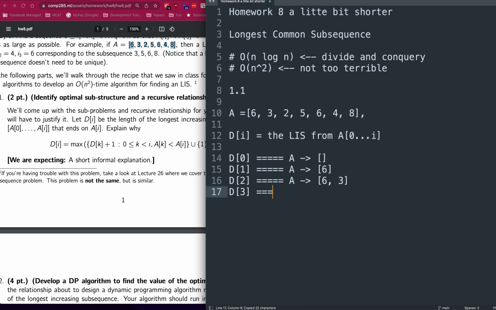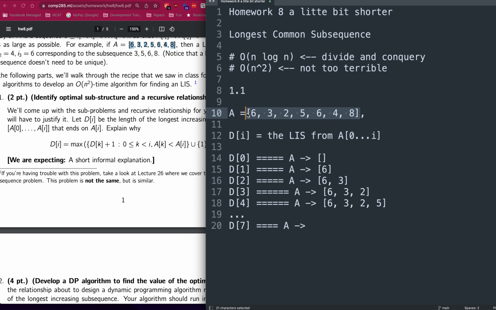D3 is going to tell you the longest increasing subsequence of 6, 3, 2. And then D4 is going to tell you the longest increasing subsequence of 6, 3, 2, 5, right? And so on, where you can imagine that eventually D7 is going to give you the longest increasing subsequence of the whole thing, right?